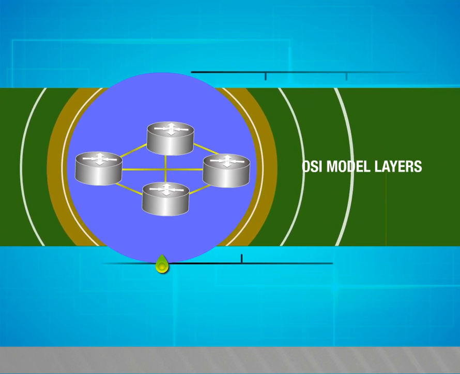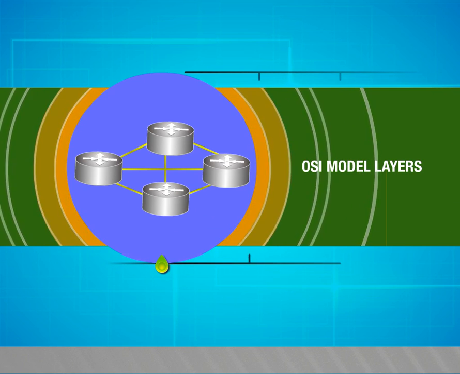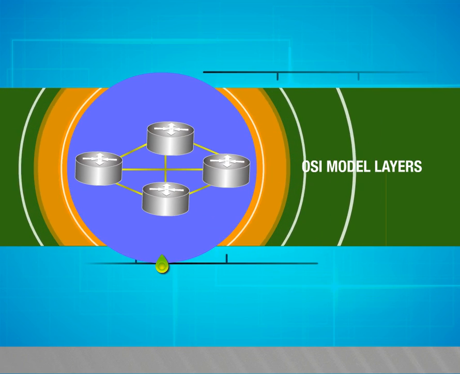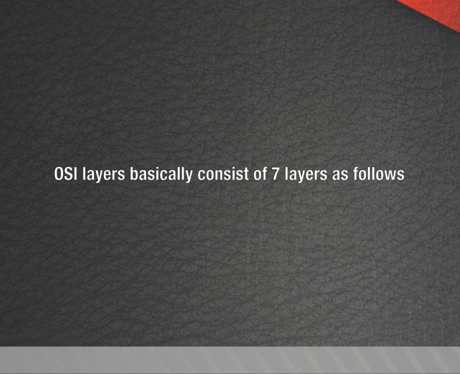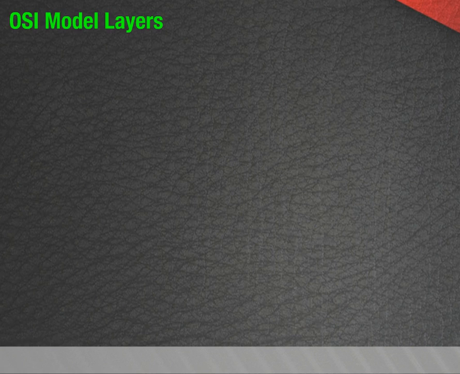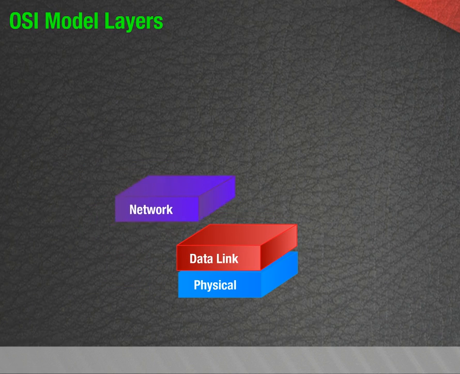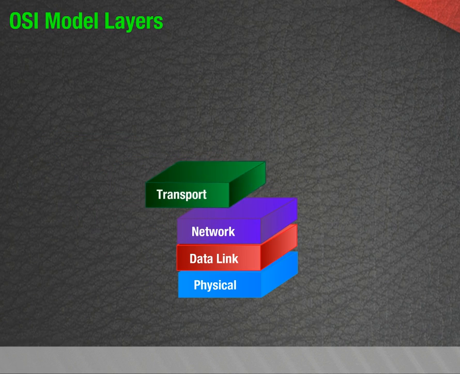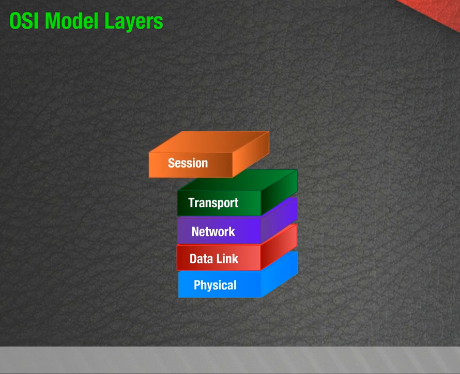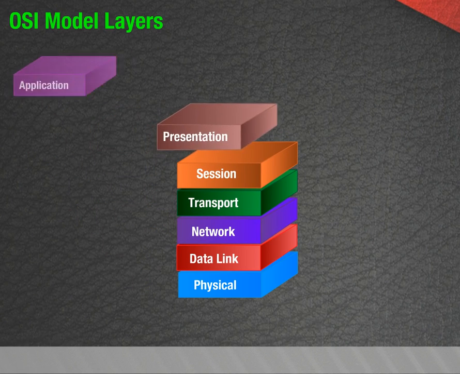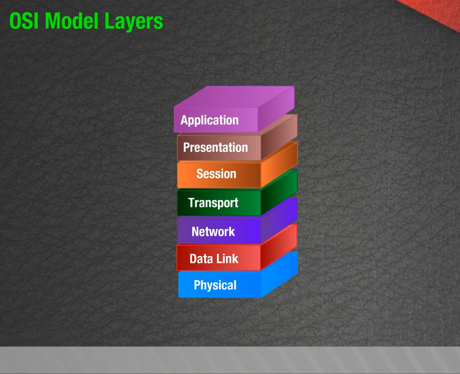OSI Model Layers. In this video, we are going to learn about the layers of the OSI model. OSI layers basically consist of 7 layers as follows: physical layer, data link layer, network layer, transport layer, session layer, presentation layer, application layer.